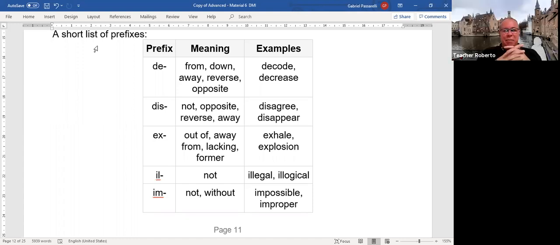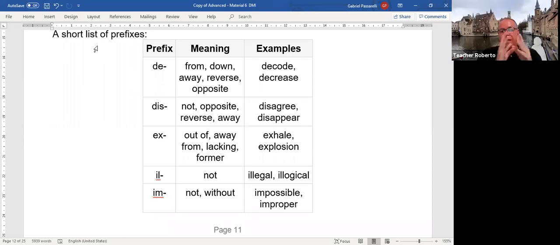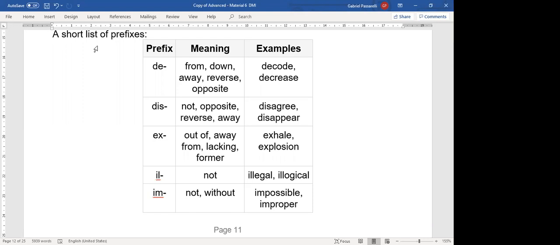Can you read the prefix im? Im, not, without, impossible, improper. You see, if you start observing, it gets easy to understand. If the words begin with L, like legal, logical, we add ill to form not.